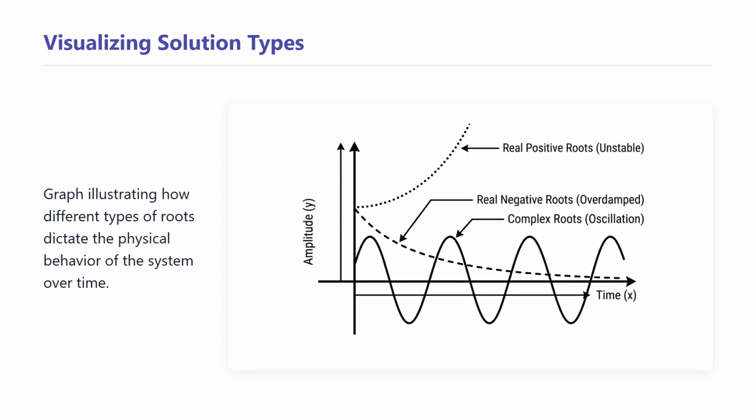The dashed line curving gently towards zero shows real negative roots, an overdamped system settling to rest. Finally, the solid wavy line represents complex roots, showing pure oscillation. The roots of the characteristic equation literally draw the future of the system.